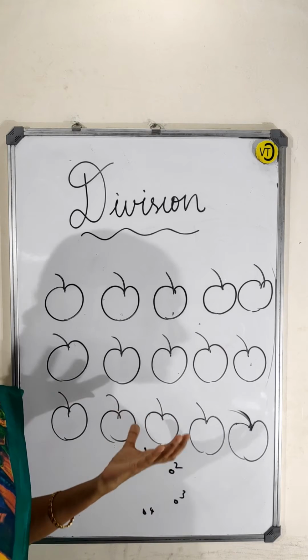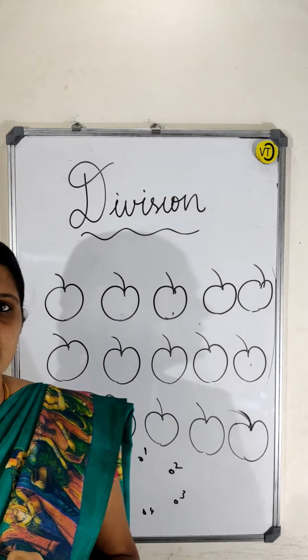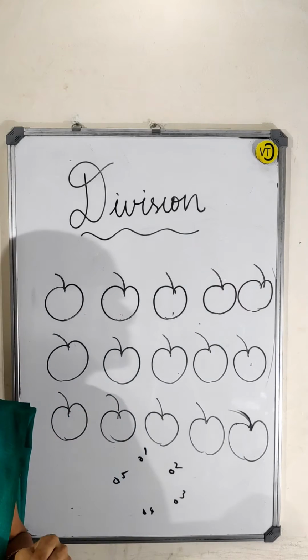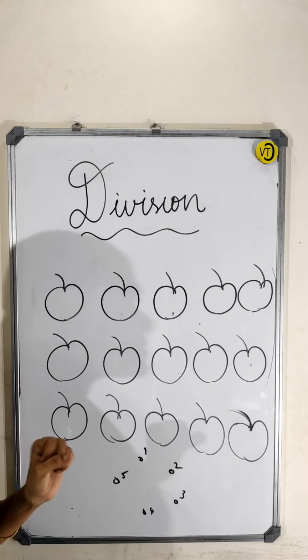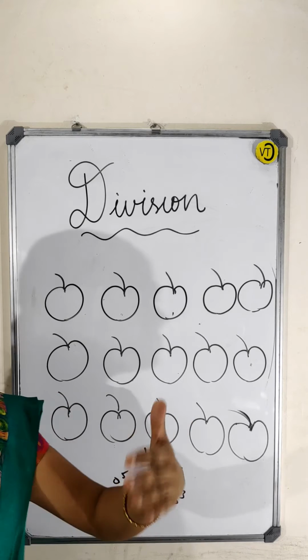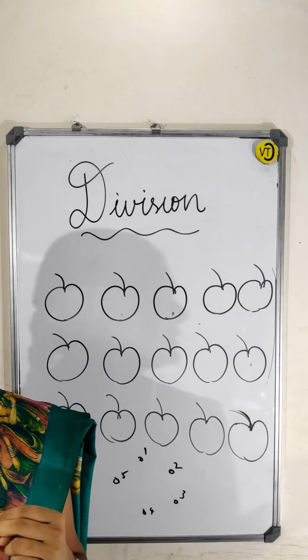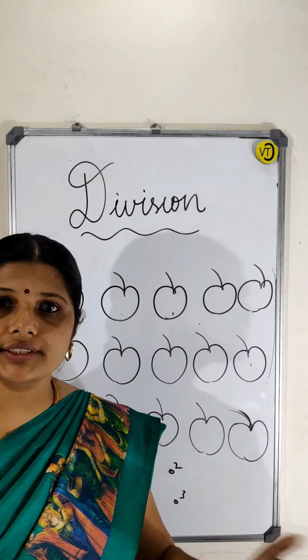So Seema was left with 15 minus 5 is 10 apples. Each one she distributed, right? Second step: she again gave one apple more to each child. Each child had 2 apples now, and Seema was left with 10 minus 5 is 5 apples.